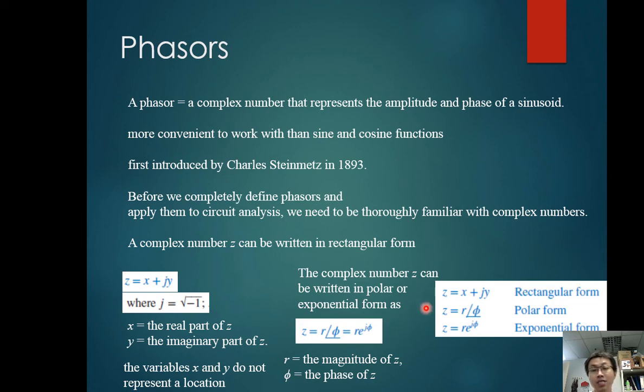As a summary, we can write our phasor or complex number in these forms: rectangular form, polar form, exponential form. Or z equals x plus jy, z equals r angle phi, z equals r e to the j phi.